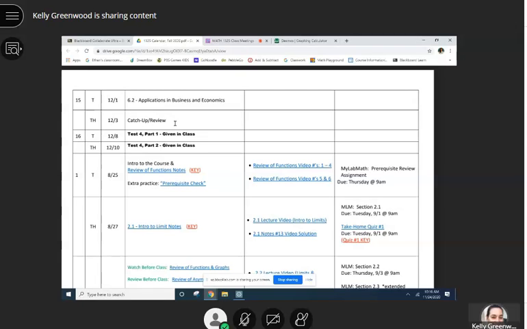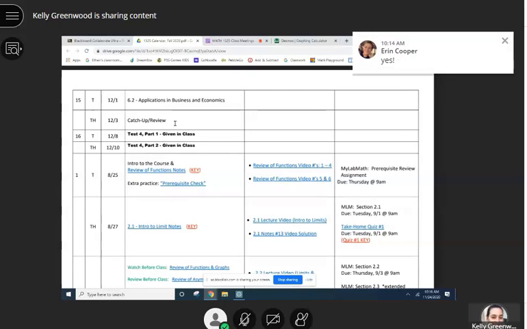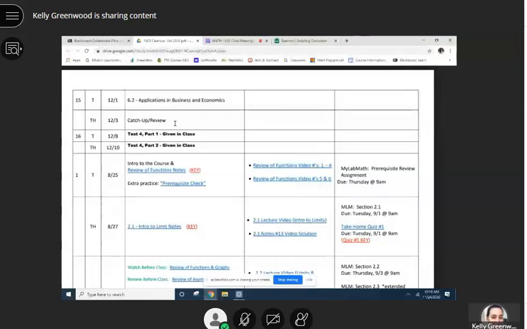Oh, maybe we should do a lockdown browser. Sorry, I just thought about that out loud. Let me put that on my to-do list: explore lockdown option for test 4. We still do it in class, it wouldn't be online, but we might use just a lockdown browser. That might help solve that.